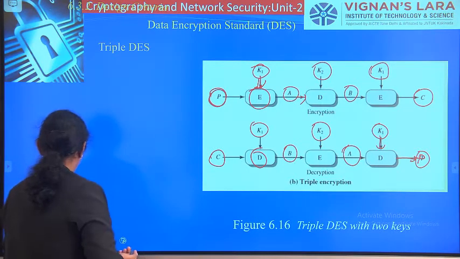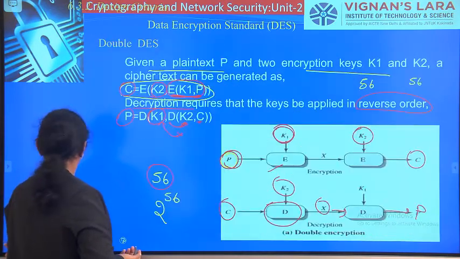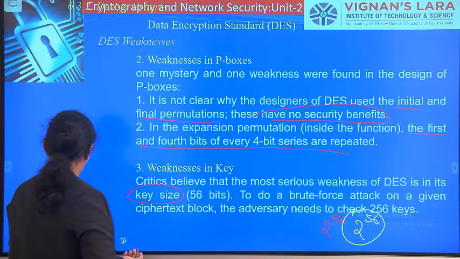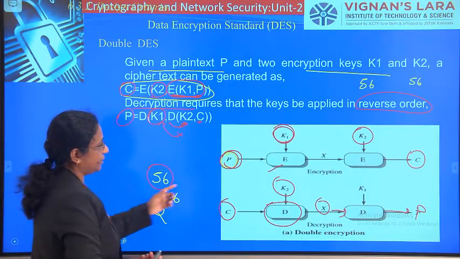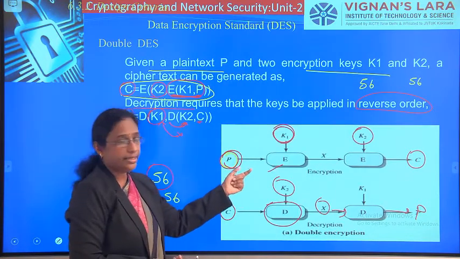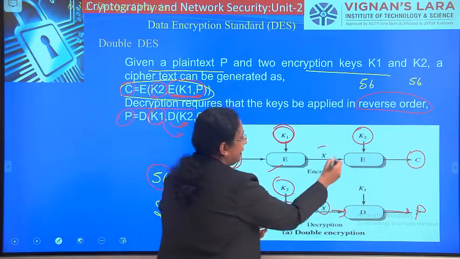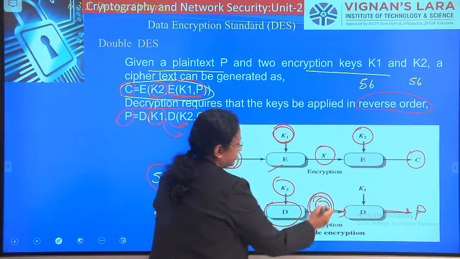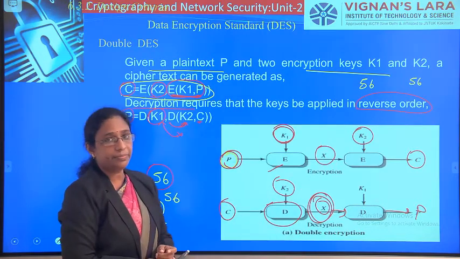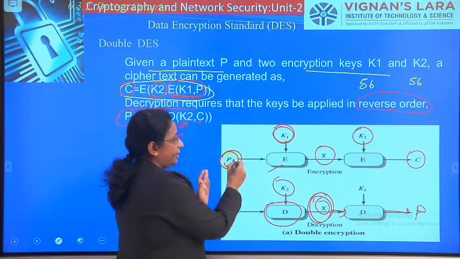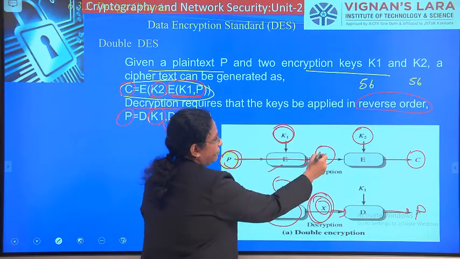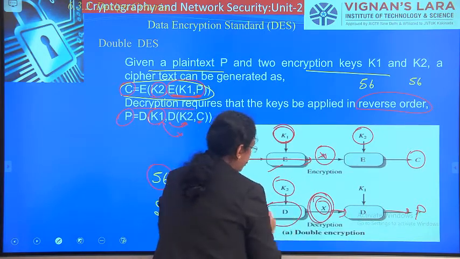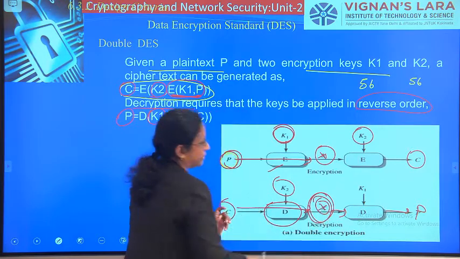If you compare double DES and triple DES, in double DES you get the same value in the middle: moving along one direction you get X, and moving along the other direction you also get the X value.